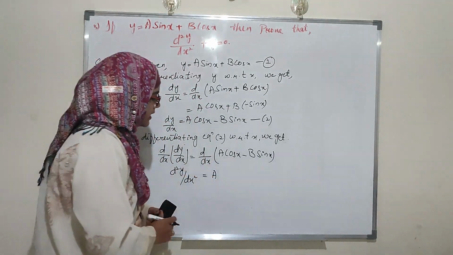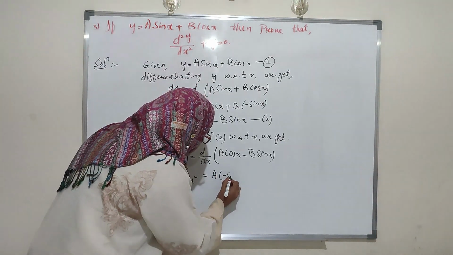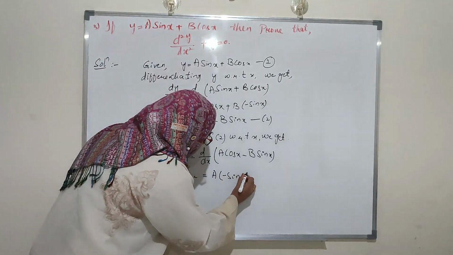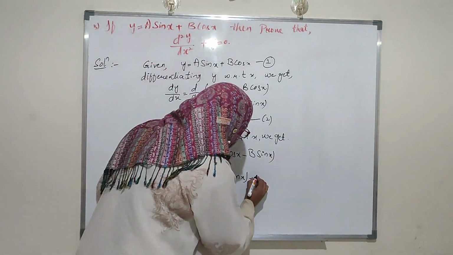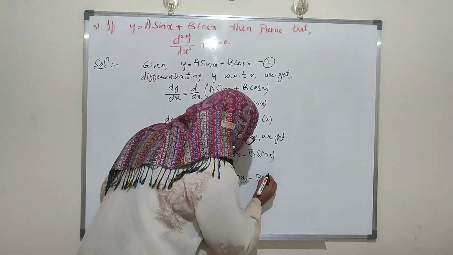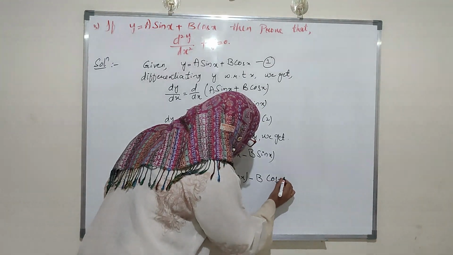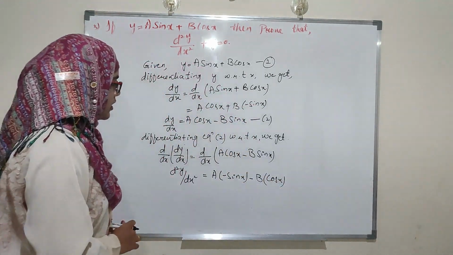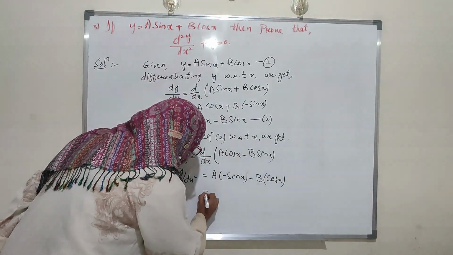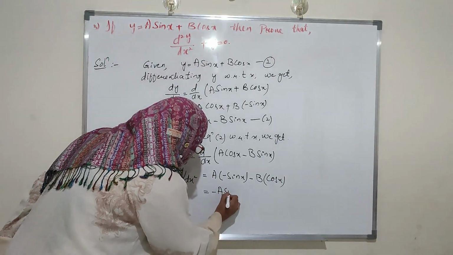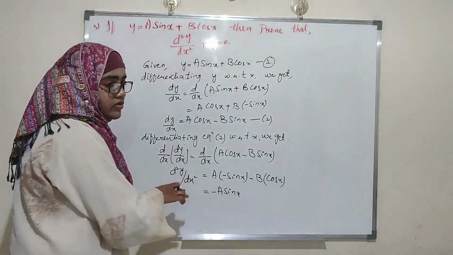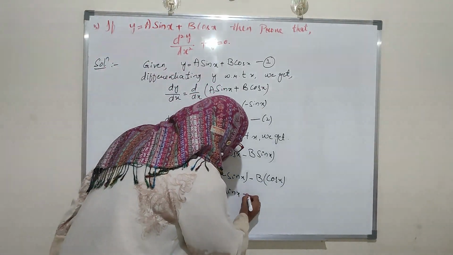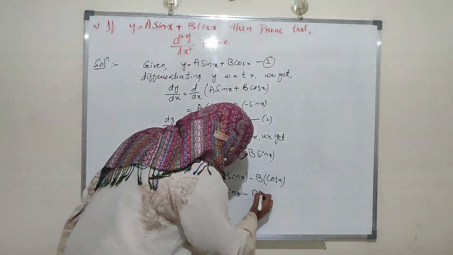Differentiation of cos x is minus sin x. Into minus b, keep as it is, differentiation of sin x is cos x. Now write minus of a sin x. Multiplying these two, you will get minus of a sin x minus b cos x.